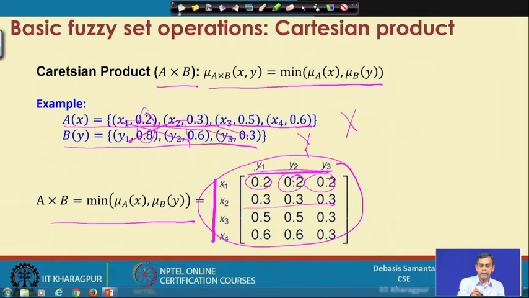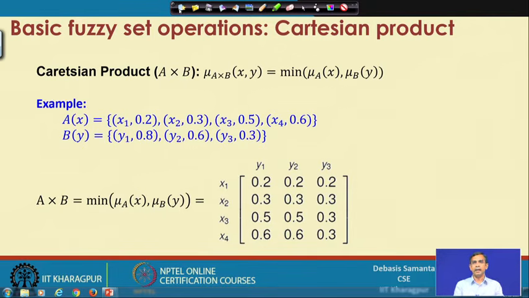One thing you can notice: the union, intersection or whatever operation we have discussed are applicable on two fuzzy sets A and B, and all the fuzzy sets A and B are defined over the same universe of discourse. Whereas the Cartesian product can be applied to fuzzy sets over two different or the same universes of discourse.